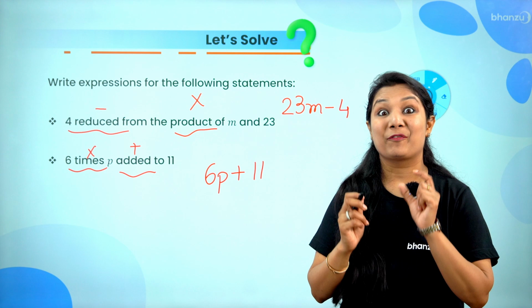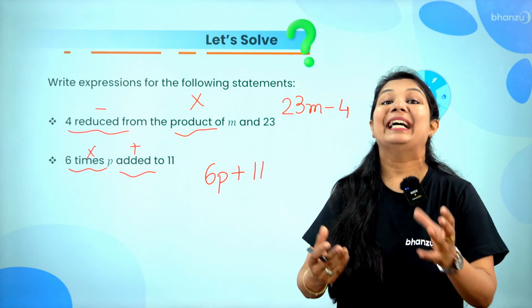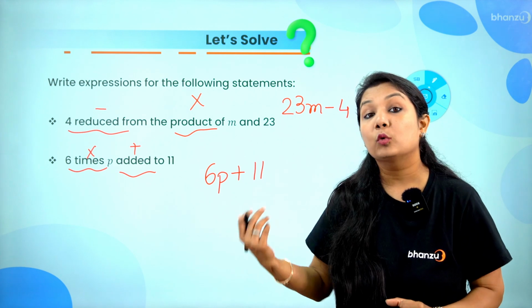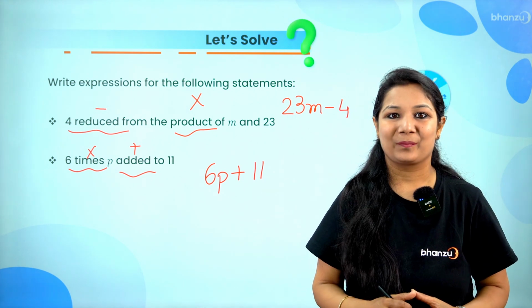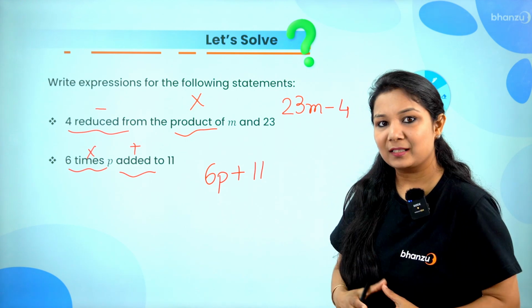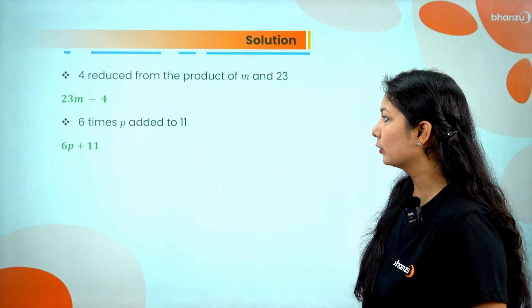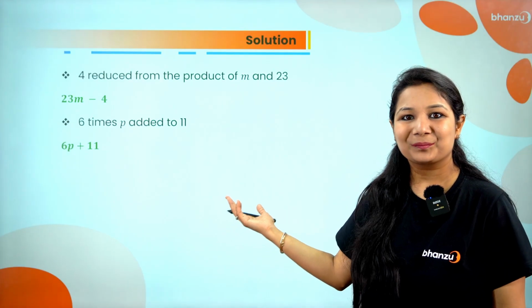So we should know the different terms for different mathematical operations so that we can form statements out of expressions or expressions out of statements, right? Both ways it can be used. We can have more such examples also. Got it?